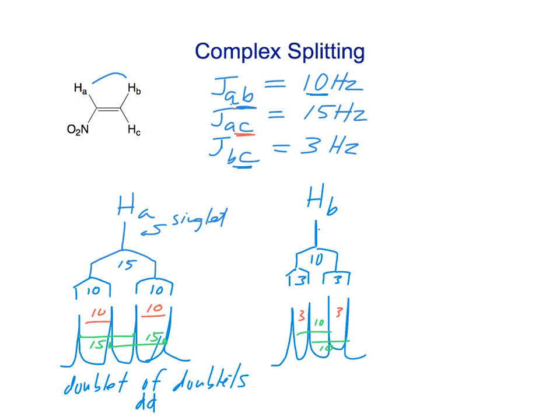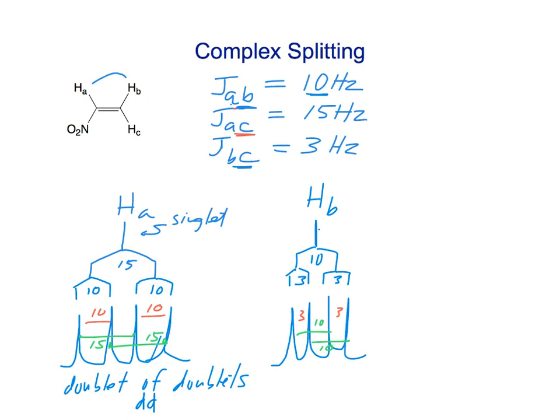Yeah, question? So if from B to C that instead was 5 hertz, would we only have 3 peaks and the middle one would be taller? Yeah, so that's a good question. We can have combinations of these coupling constants where they kind of overlap, right? So right now we have this gap in the middle.